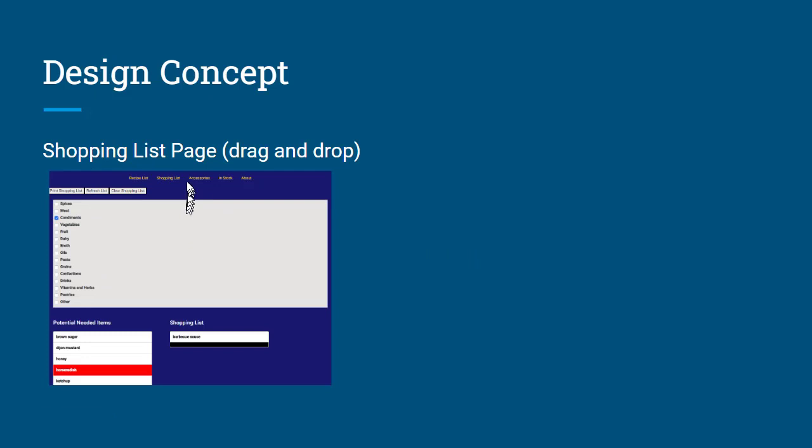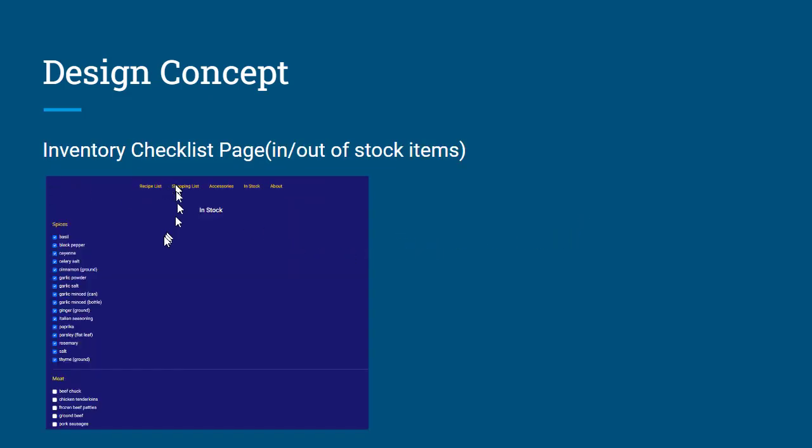When I'm creating the shopping list, this is very rough, kind of dirty right now, but we'll clean it up. I want the ability to pick a category here and drag items to the shopping list, and then this will be automated a bit more when I select actual menus. I also want an inventory list of what I've got on hand.